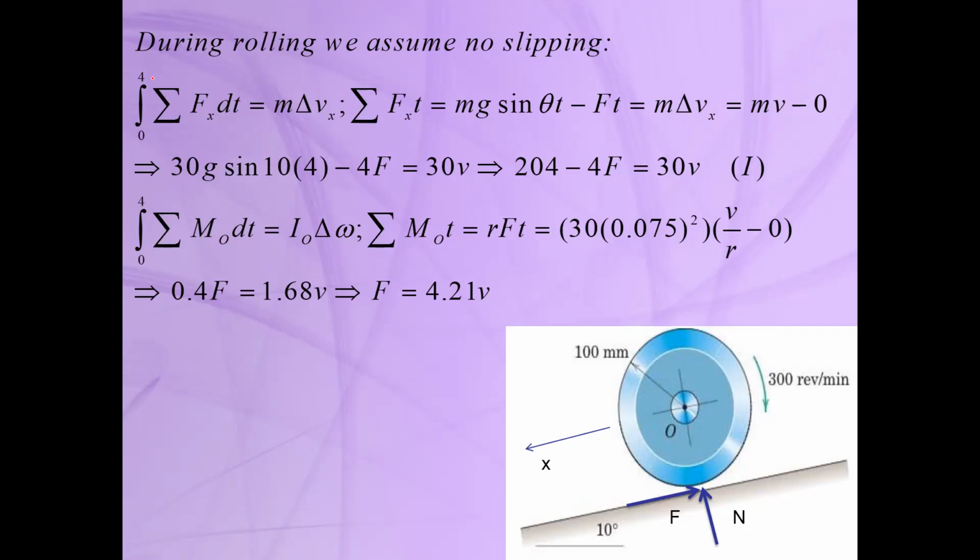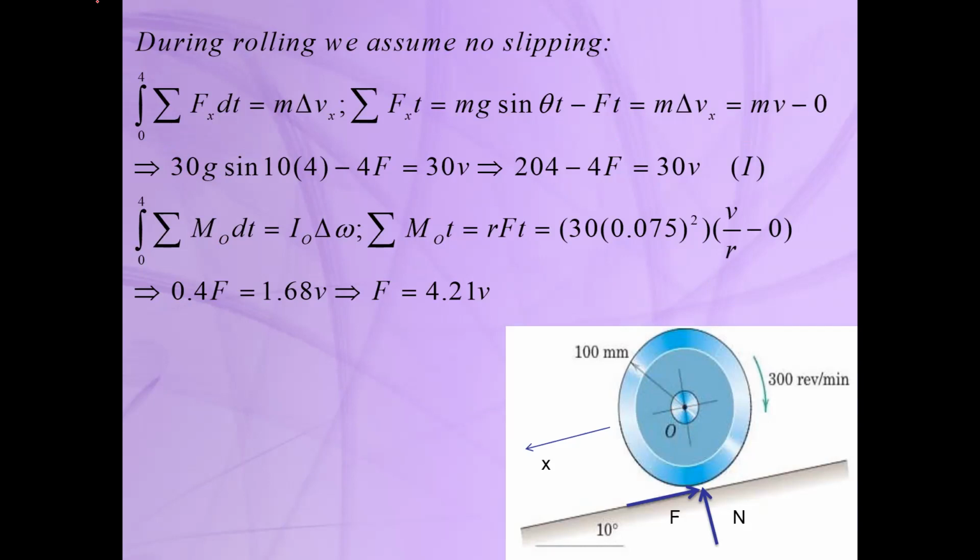One is with slipping and the other one is without slipping. So we can assume that the motion is without slipping. When there is no slipping, the velocity of the mass center is equal to the angular velocity times the radius, R omega, and we can find the omega from the impulse momentum equation.